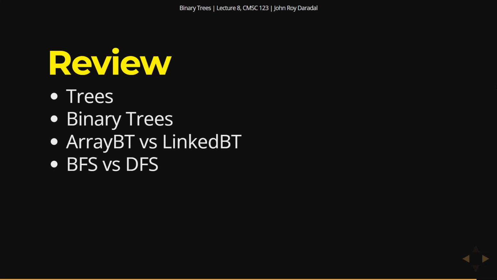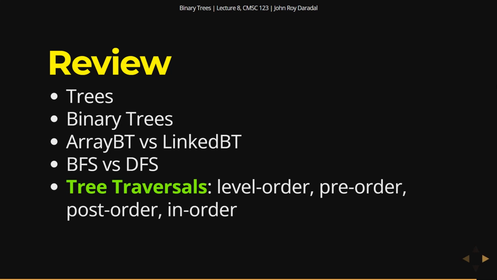And then for DFS is when you need to search the whole thing, so you just go as deep as possible, and then once you reach a dead end, you backtrack. Okay, and then finally we talked about the different tree traversal algorithms that you can use to process or go through the whole tree in a systematic manner. So you have the level order, which is BFS, pre-order traversal, post-order, and in-order, which are all DFS traversals.